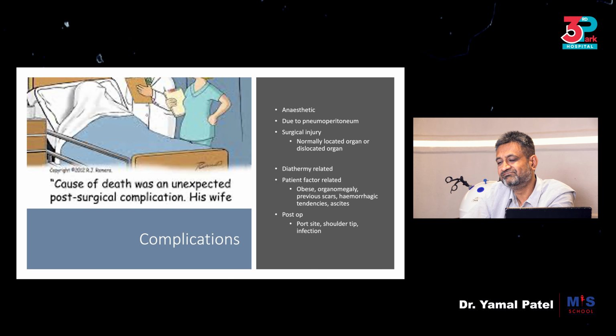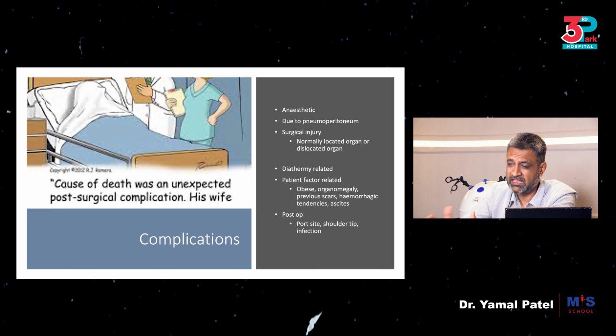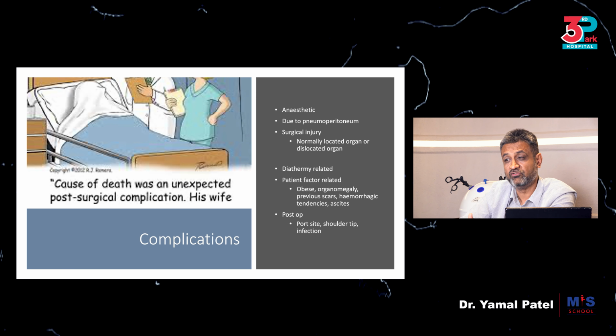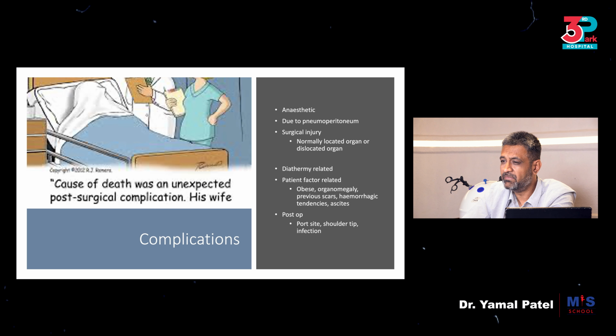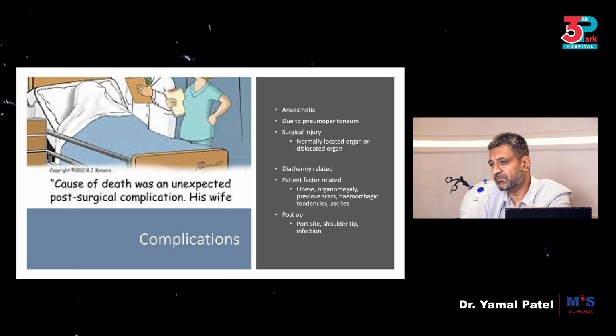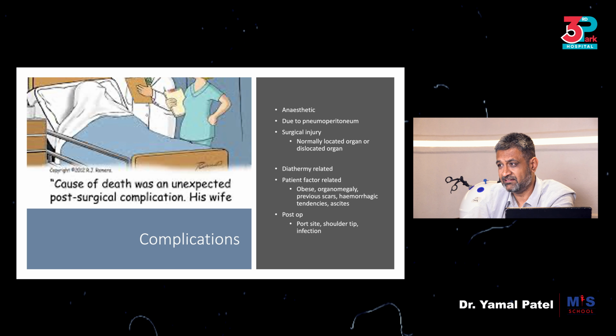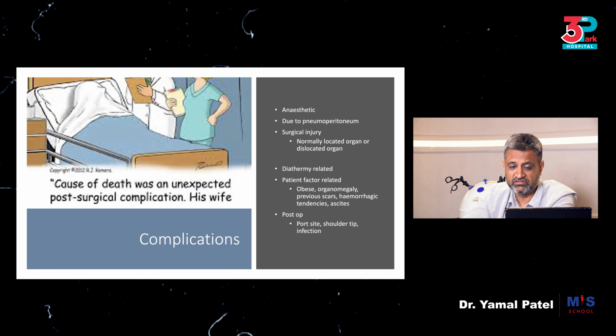Complications of hysterectomy, well, it ranges from the anesthetic complications, complications due to pneumoperitoneum, complications due to surgical injury either in a normally located organ, or it could be in a dislocated organ because of adhesions and prior other issues.